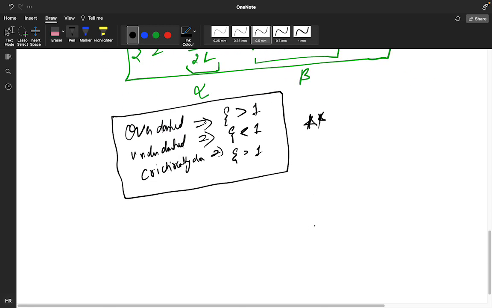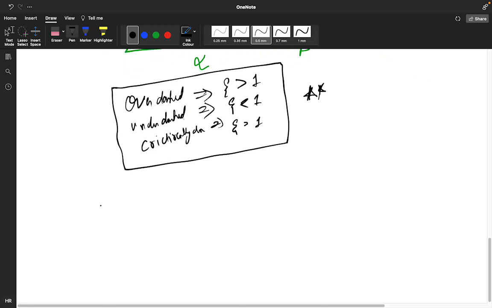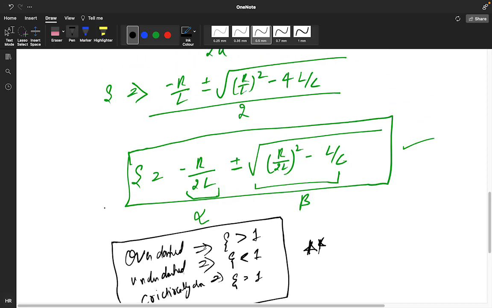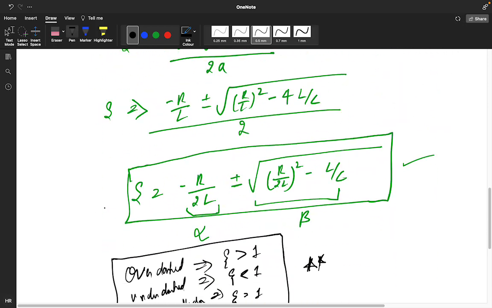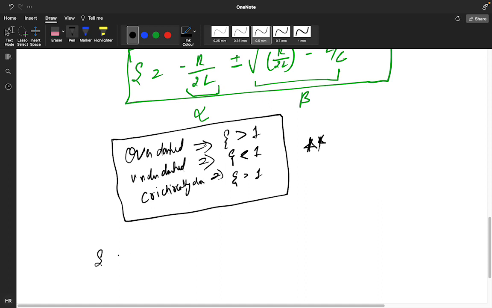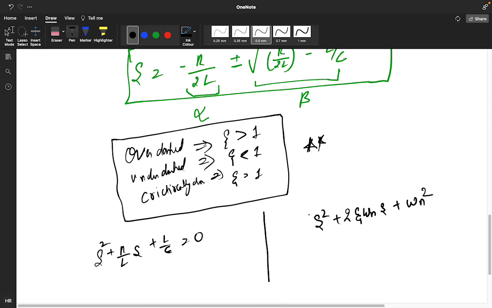So actually, we got the equation s square plus R by L s plus L by c is equal to 0. In control systems, we have the same equation like this, s square plus 2 zeta omega n s plus omega n the whole square.